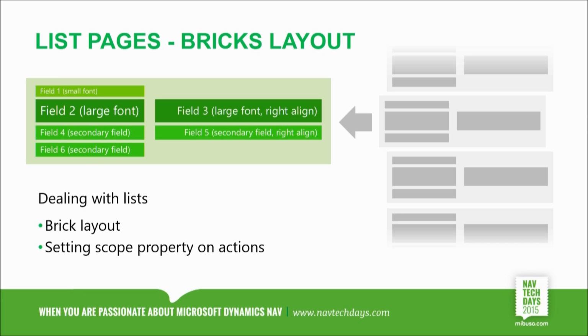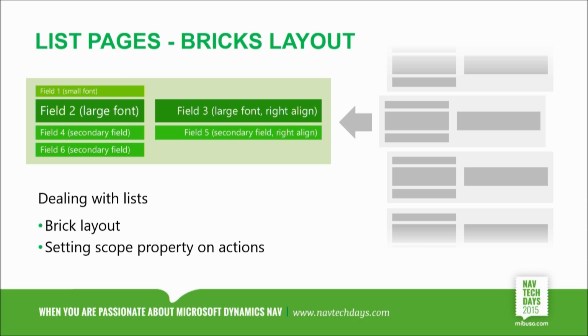We also have some limitations to the brick lists, meaning we do not have the concept of the current row, and we do not have the concept of multi-selection, and we also do not support show as tree, for example. I think show as tree is quite complex to show on a phone.